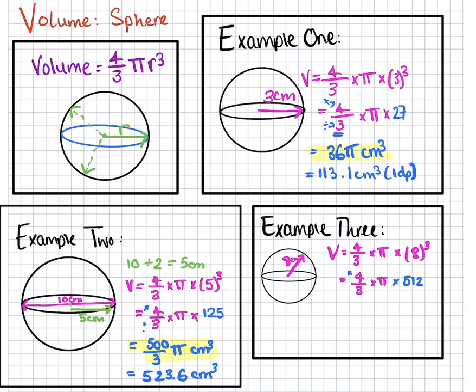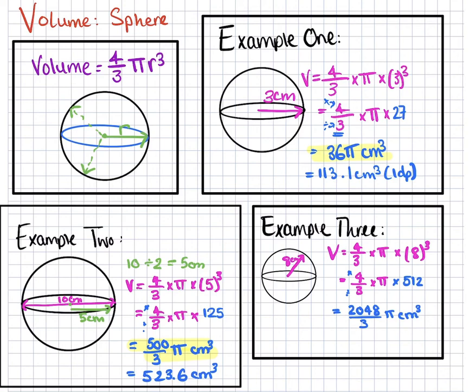And then I'm going to multiply this by 4 and divide by 3. 512 multiplied by 4 gives us 2,048. And then divided by 3 gives us 2,048/3, because that fraction does not simplify, pi centimeters cubed.